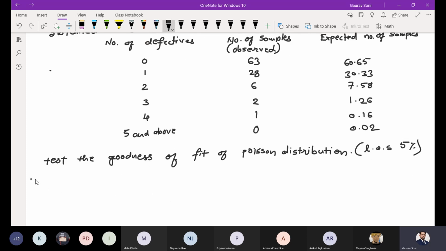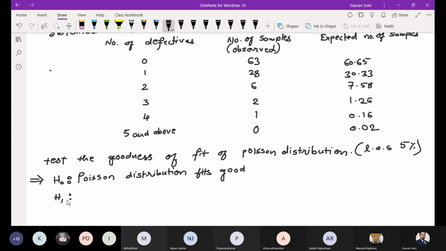H naught is that the Poisson distribution fits good.